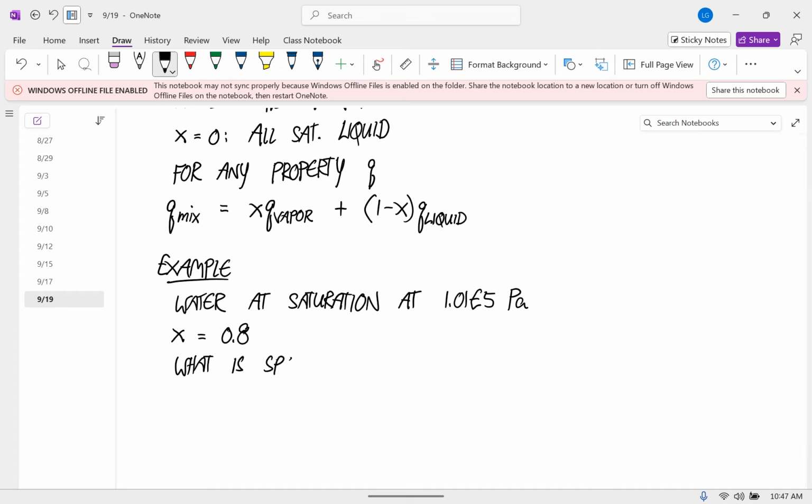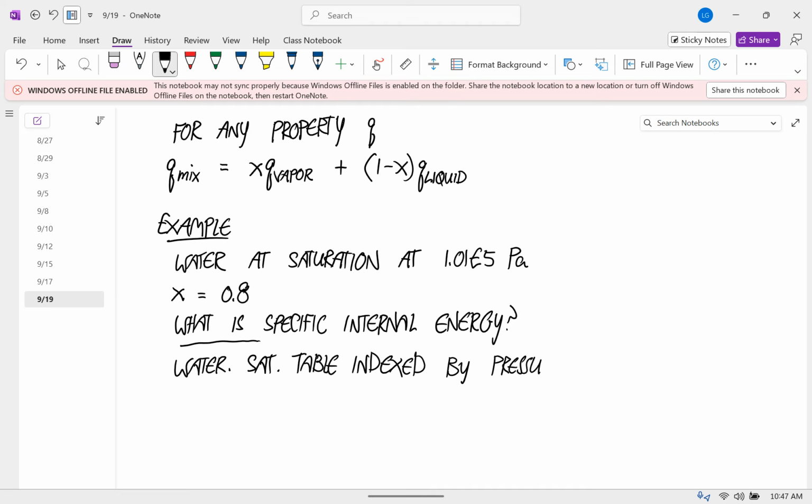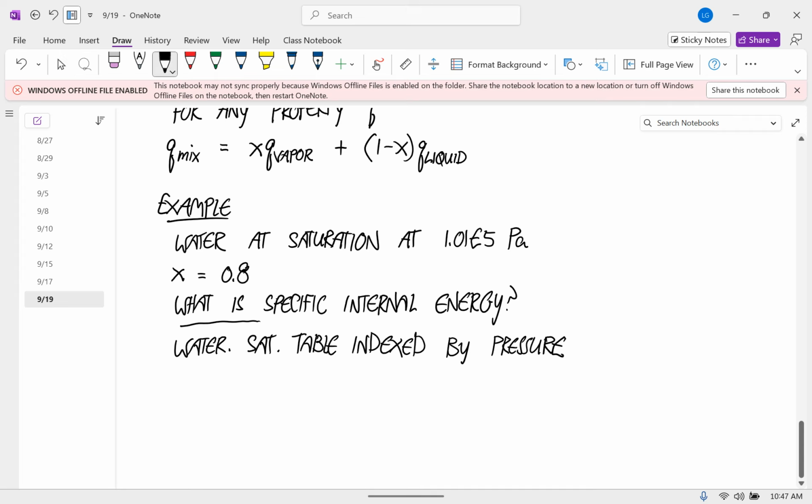What is the specific internal energy? You would go to the water saturation table that's indexed by pressure, scroll along, and look at the row that says the pressure is 1.01 bar.